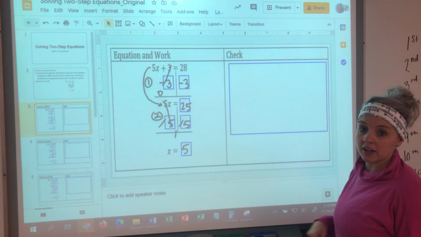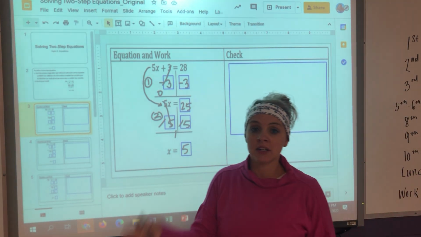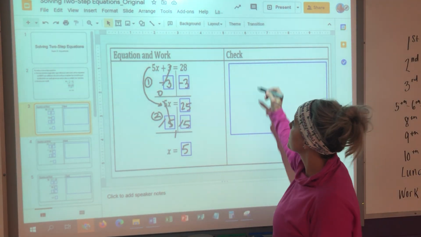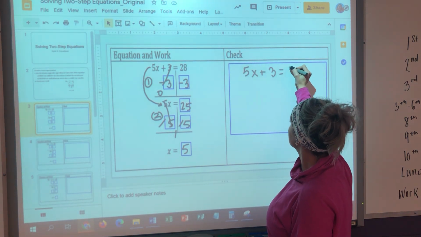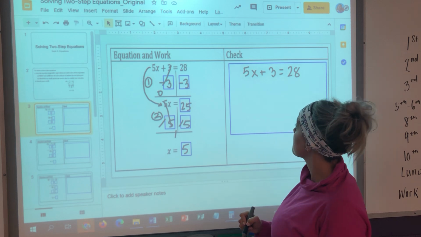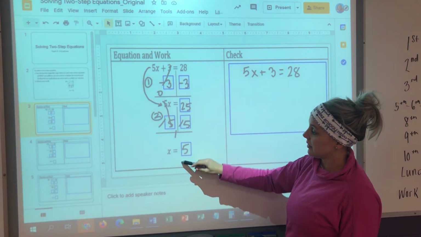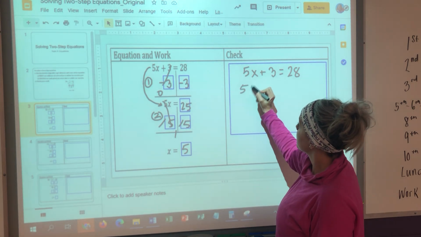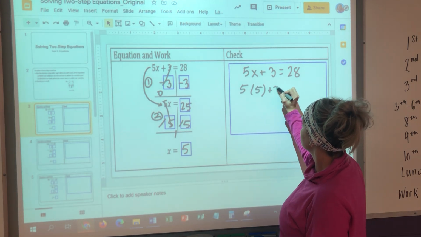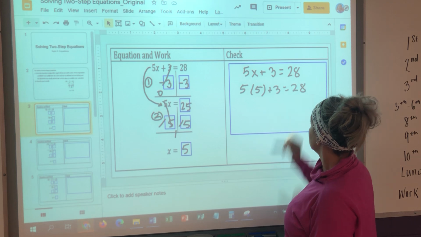So let's go ahead and check our answer. We know that's just as important as everything else that we do. We rewrite our equation, and then we plug in our variable. We got x equals 5, so 5 times 5 plus 3 equals 28.